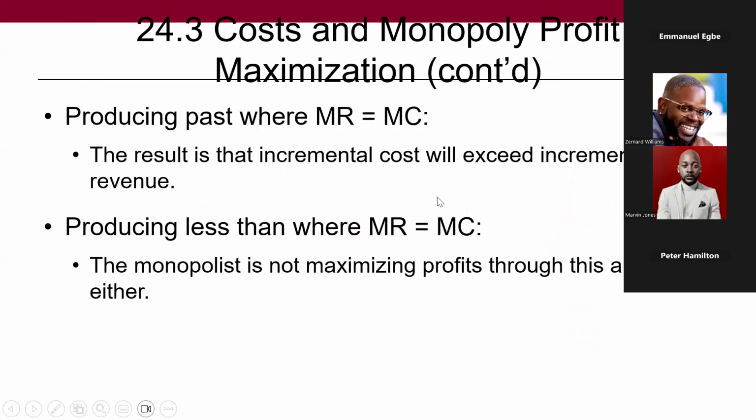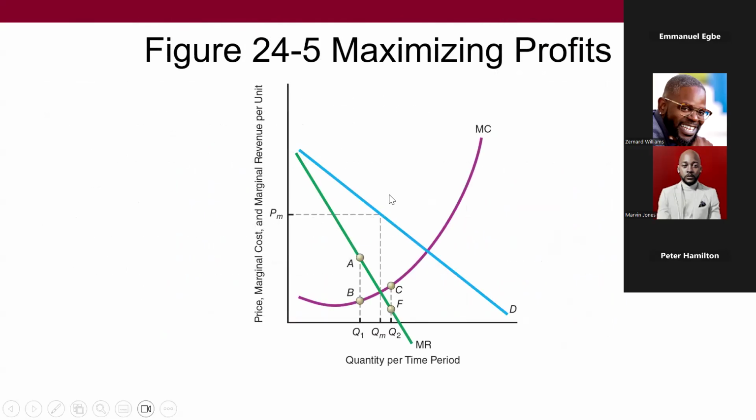Now, if the monopolist, you can see here in this chart, again, the marginal cost comes from below to cut and meet the marginal revenue.